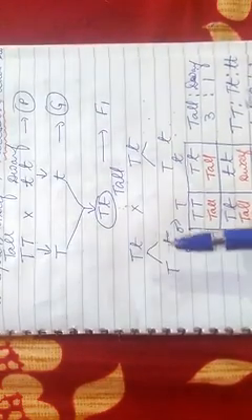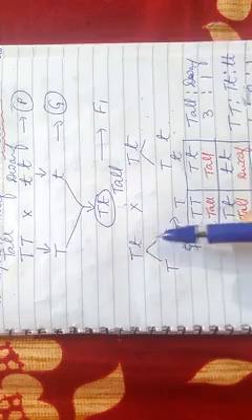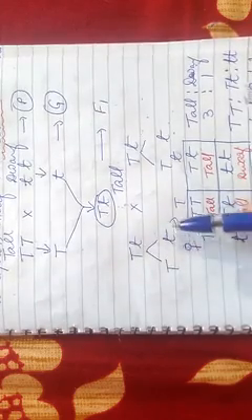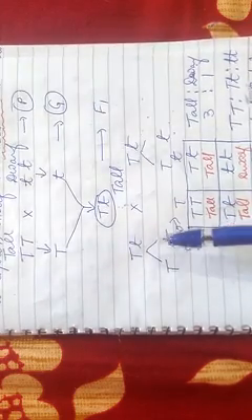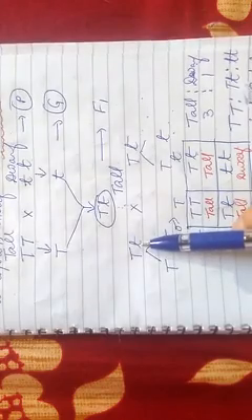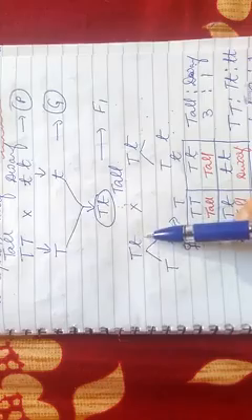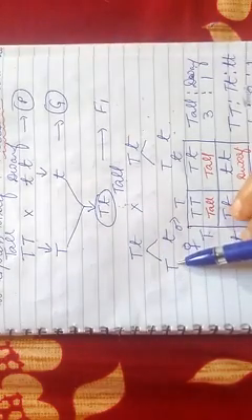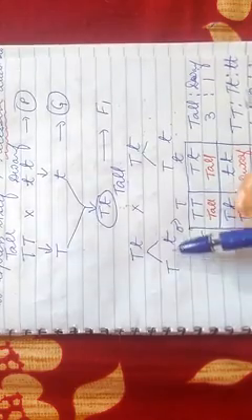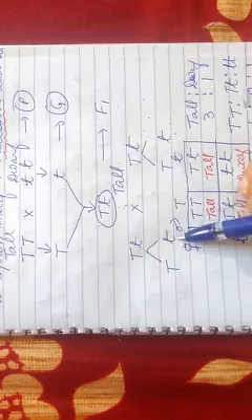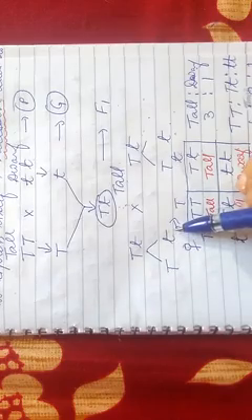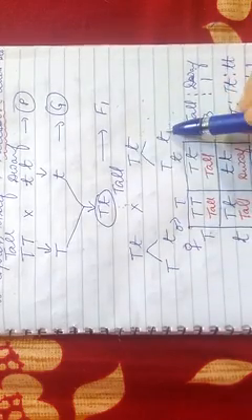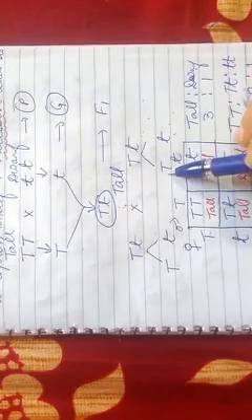Now in this case, the gametes produced by the parent will be of two different types. Why? Because the individual is hybrid and it has two different types of alleles. So 50% of the gametes will have the dominant allele or the capital T, and remaining 50% of them will have the recessive allele, right? Likewise, the same will be done by the other parent.